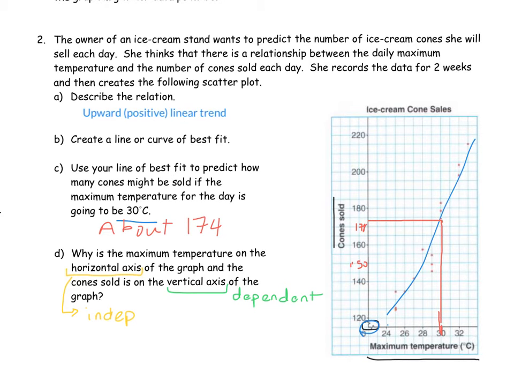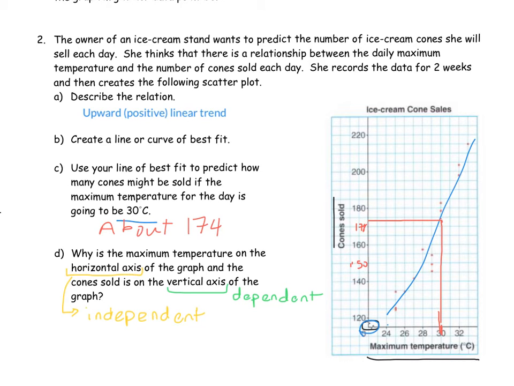Now, when we're talking about independent and dependent variables, it is what it just says. The independent variable is independent of what the other variable's value is. The dependent variable's value depends on the independent variable's value.